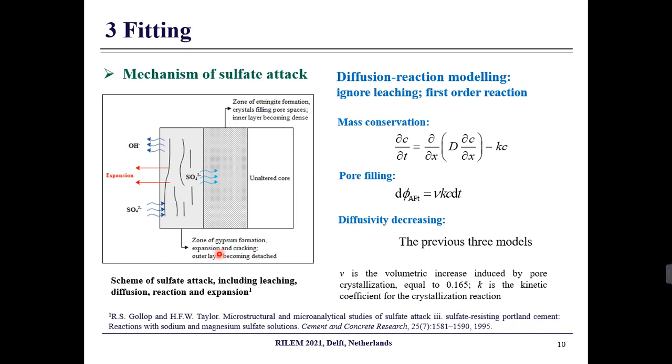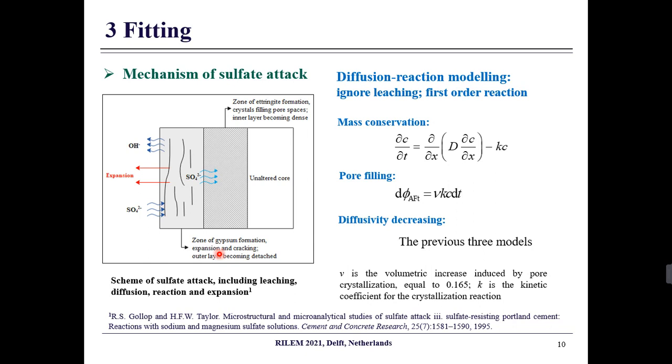Before that, let's review the mechanism of sulfate attack. The external sulfate penetrates into the matrix, reacts with aluminate phase to form ettringite crystals. These crystals, on one hand, fill and block the pores, on the other hand, they will accumulate crystallization pressure until destroying the matrix.